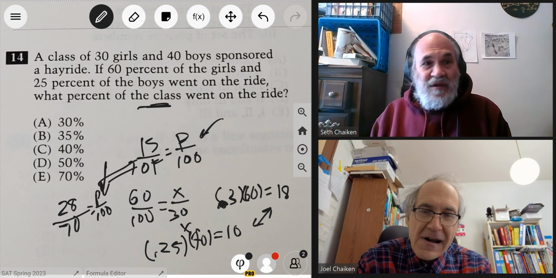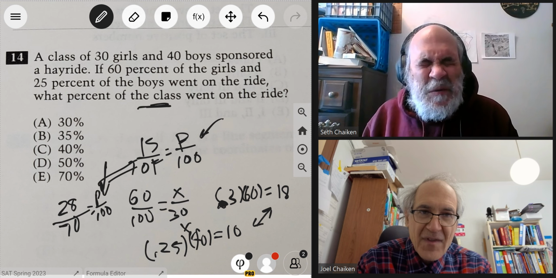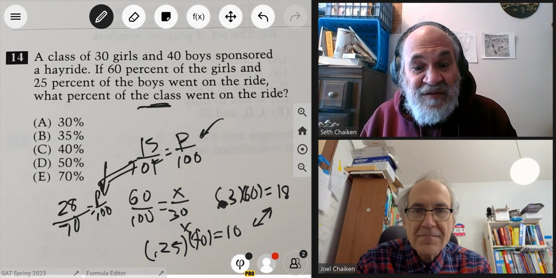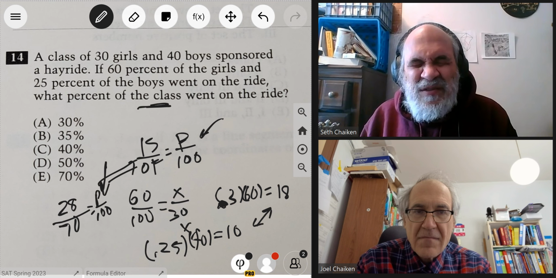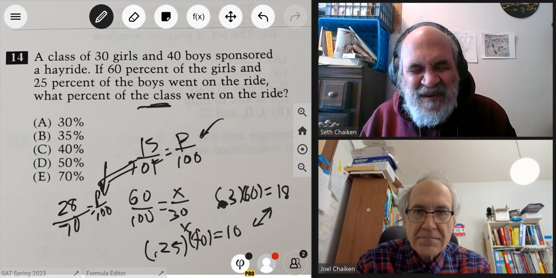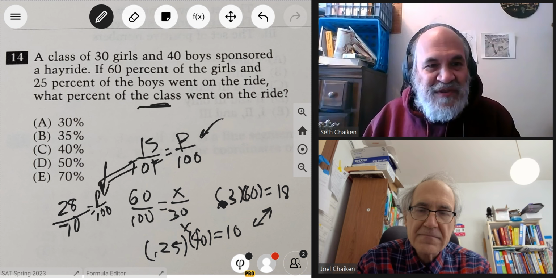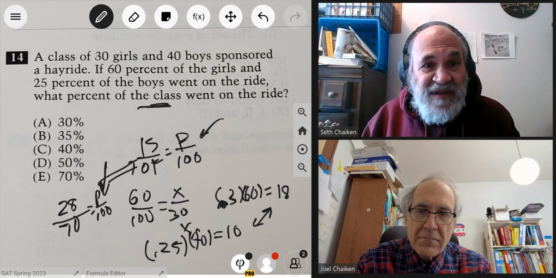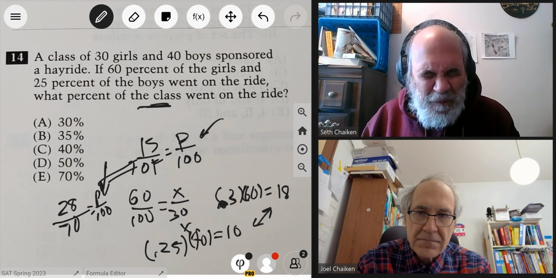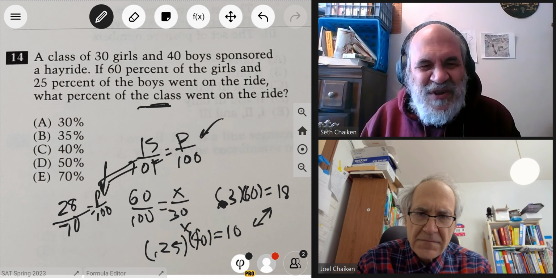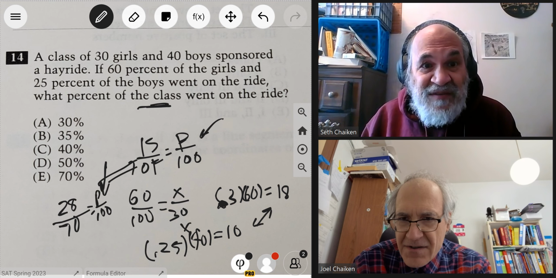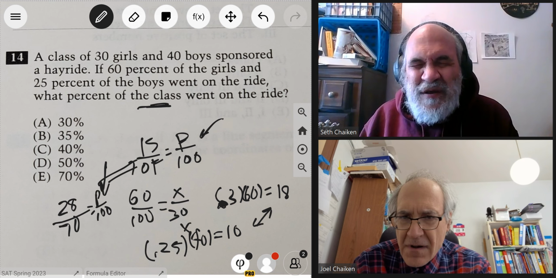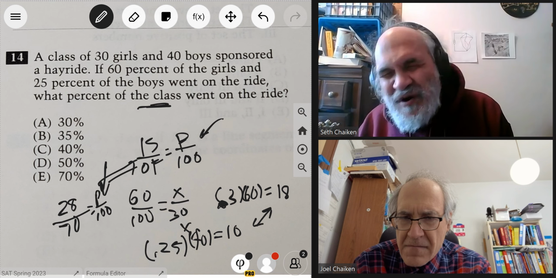Well, the thing is, being an old question, they didn't expect people to use calculators, so they picked numbers to make the arithmetic easy if you know your arithmetic facts. And so it's set up. They told you to take 6/10 of 30, which came out to 18, and a quarter of 40, which is 10.